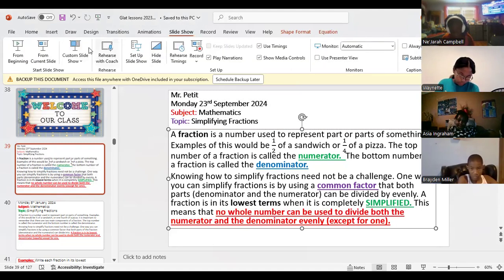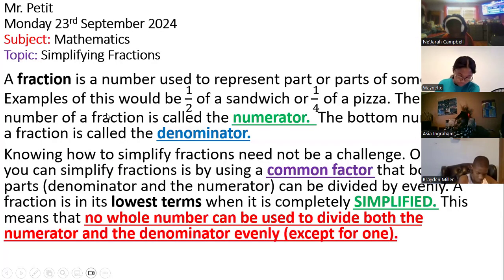And so Grace, I need you to read these two paragraphs to me, please. A fraction is a number used to represent part or parts of something. The examples of this would be one half of a sandwich or 1/4 of a pizza. The top number of a fraction is called the numerator. The bottom number of a fraction is called the denominator. Knowing how to simplify fractions need not be a challenge.